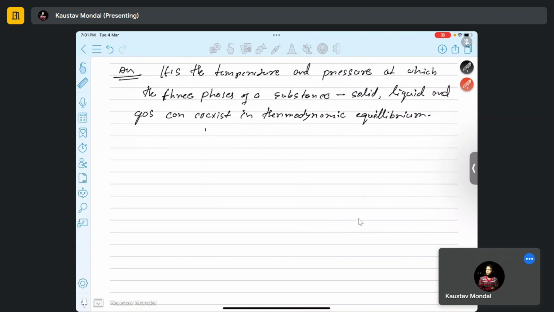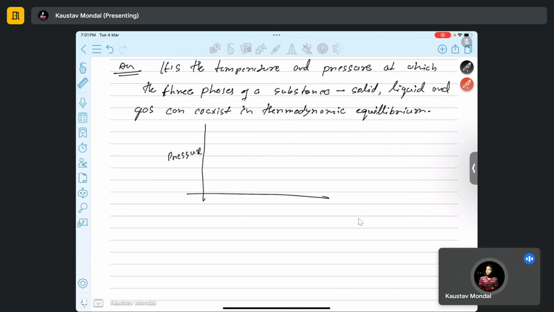Suppose this axis is pressure and this axis is temperature, T with P. This is the triple point, let me mark it in red.